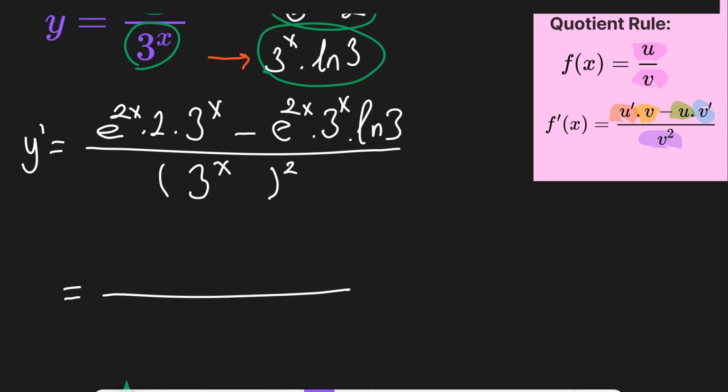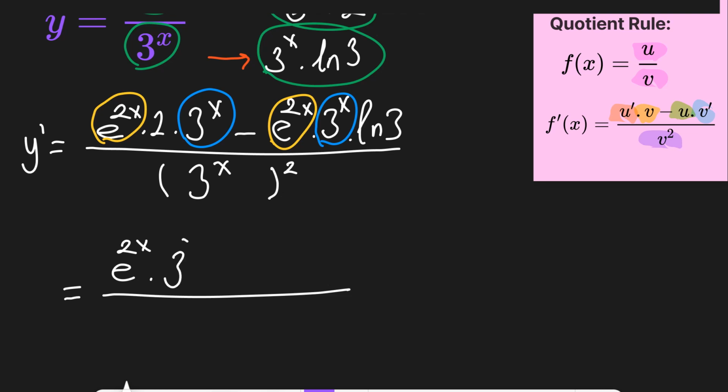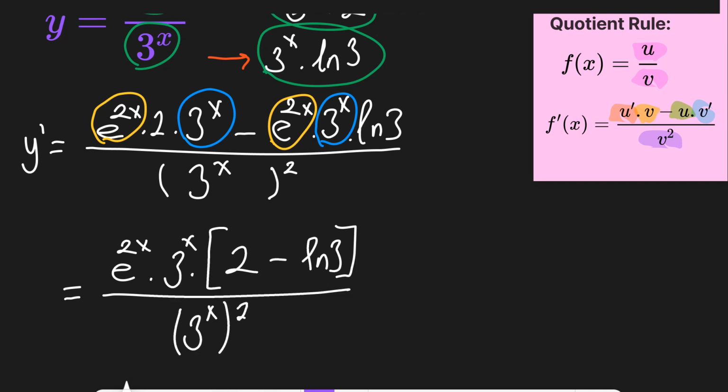You notice that we have common factors here, like 3 to the x and e to the 2x. Let's factor them out and leave behind 2 minus natural log 3, divided by 3 to the x squared.